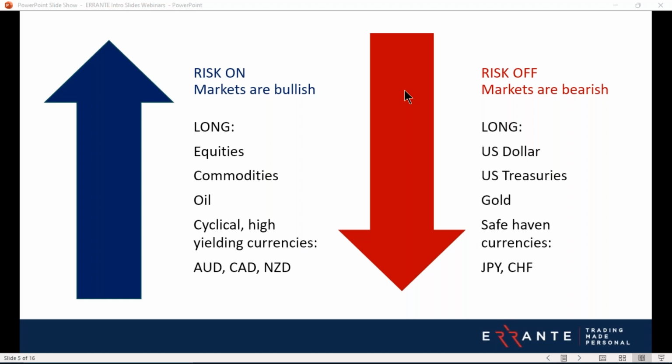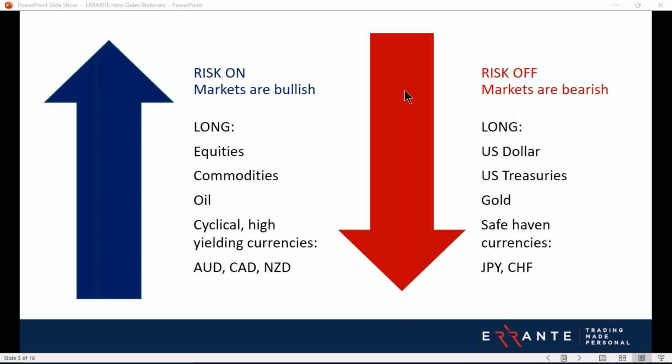So yeah, we think it's really good to just recap on what risk on, risk off sentiment is. It's that change in behavior, change in activity in response to global economic patterns and in response to global economic sentiment. So investors become more risk averse. And on the right hand side, you can see the big red arrow down.